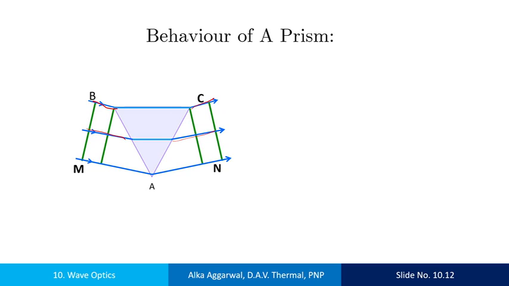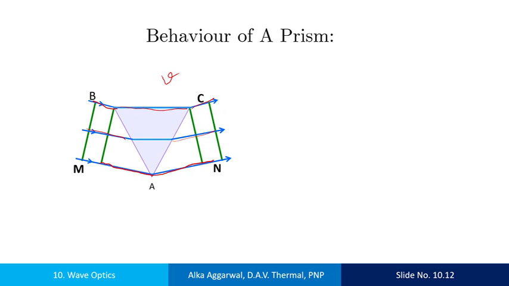The ray which travels through this portion will cover less distance as the speed of light in the prism decreases, and the waves from this portion of the wavefront in the same time cover more distance as they travel through the air.